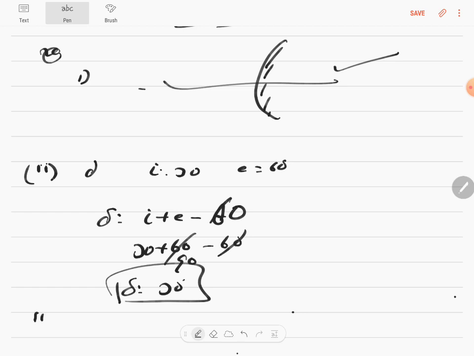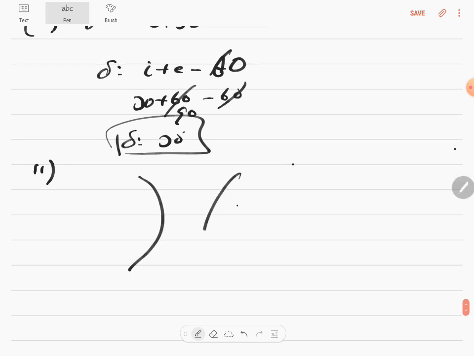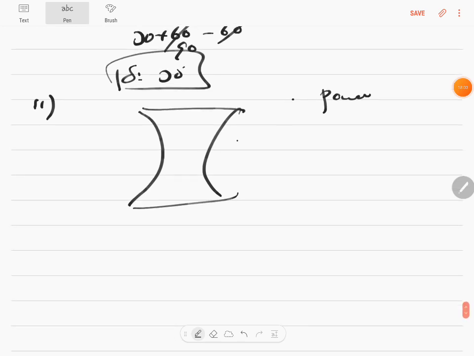Let's go to the third question. How will the power of the concave lens change when the thickness of the lens is increased? When they say thickness, generally we can say that you can increase it without altering the shape of the curvature.